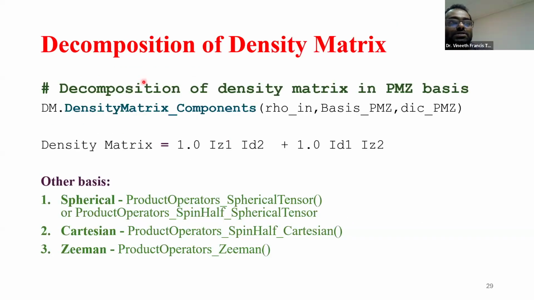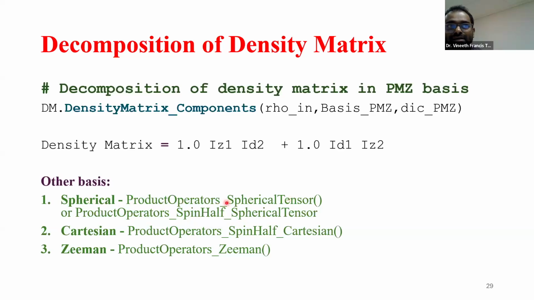So now you can use this function defined in the density matrix class, density matrix component. You give the input, the density matrix, the product operator basis, and the dictionary. It will split the density matrix into the product operator basis. And another basis which is implemented is spherical basis.